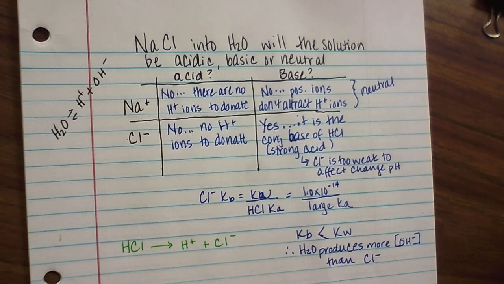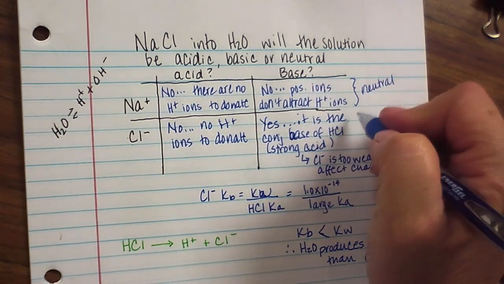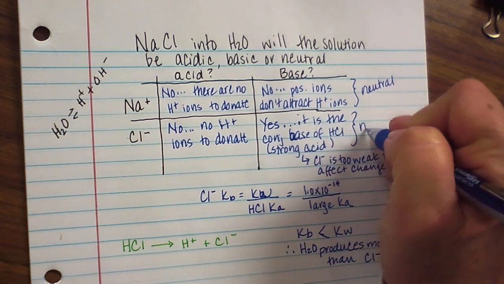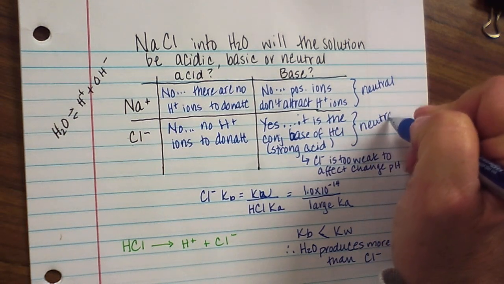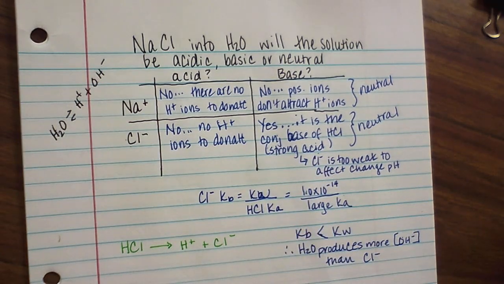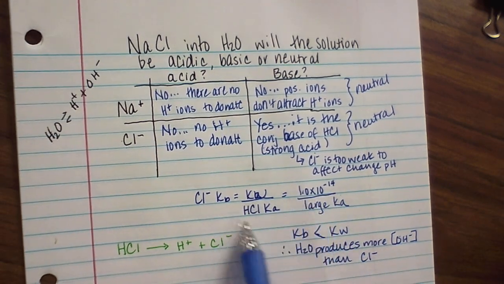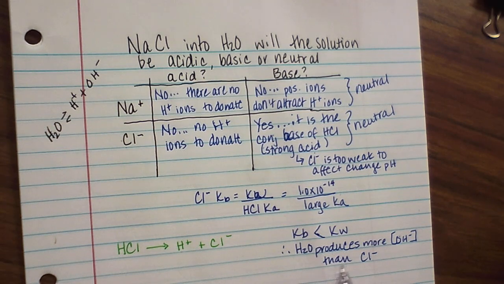All right? So that means that this is actually neutral, because the conjugate base of a strong acid does nothing. If you understand this and you want to put this in, go ahead. But you do not have to.